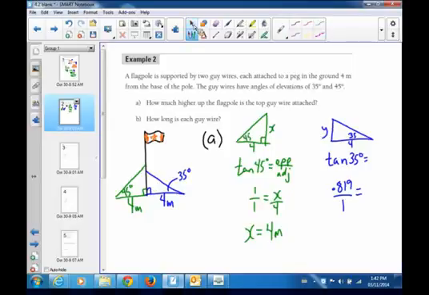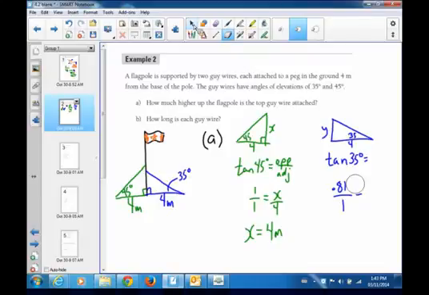Good gravy. Did I do the other one right? Yep, opposite over adjacent. My mistake here altogether. Opposite over adjacent.